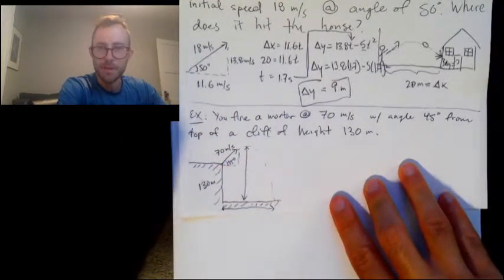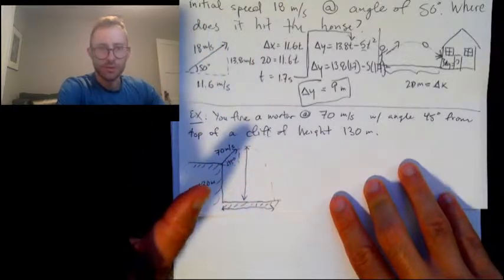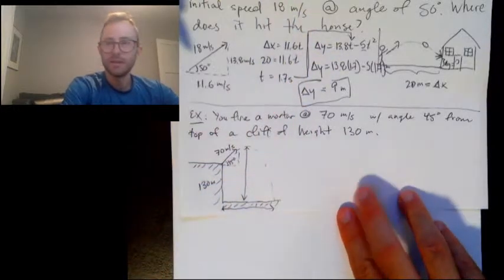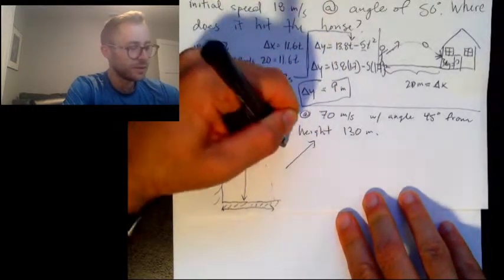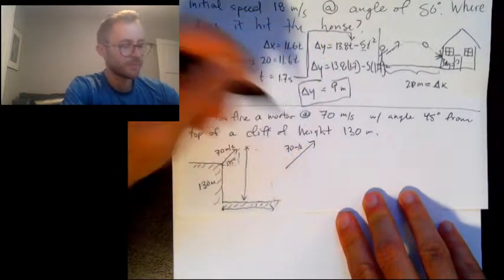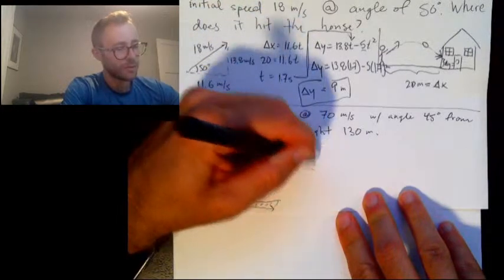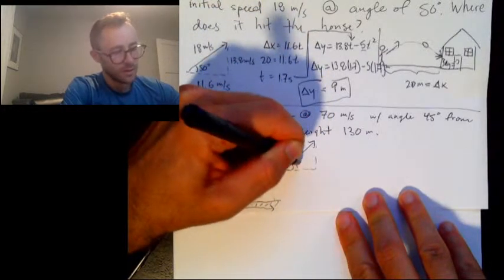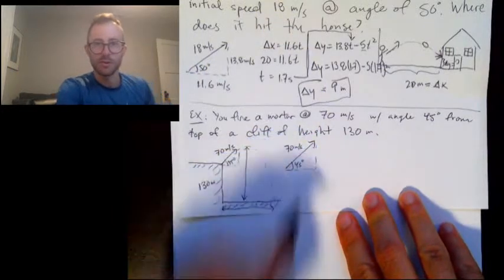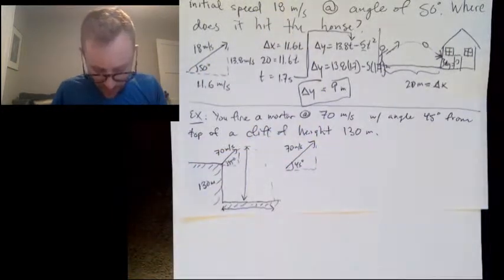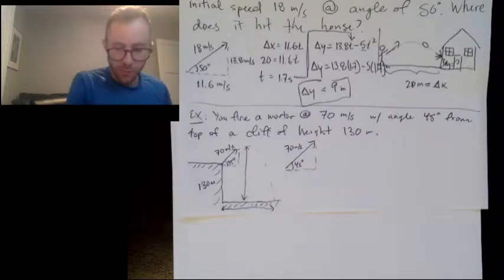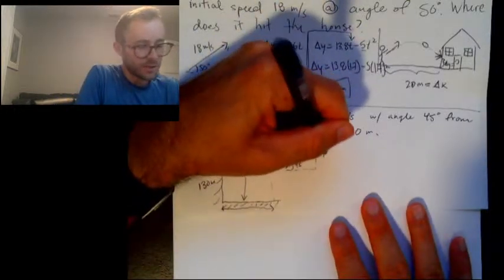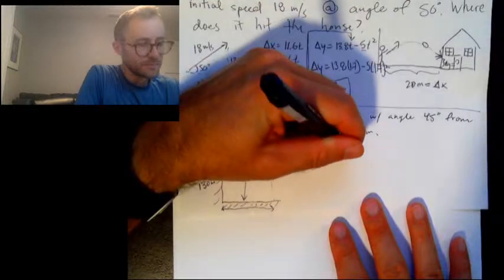So first things first, I'm going to do my initial velocity triangle. I have 70 meters per second at 45 degrees. So my vertical component is going to be 70 sine of 45, which is 49.5 meters per second.